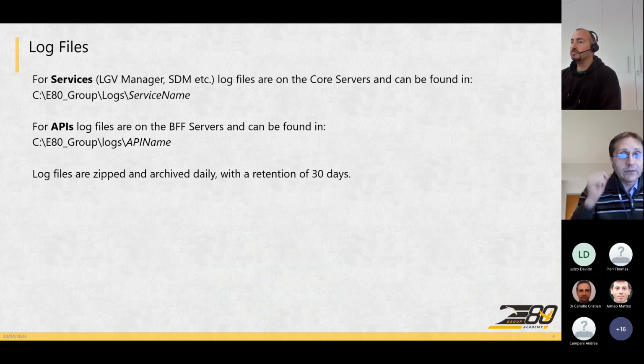By the way, all the log files have the same name format, the same content format inside, and they are all zipped and archived daily, and the retention is 30 days. So we keep 30 days of logs, and after that time they are removed. So there is a retention policy for the log files.